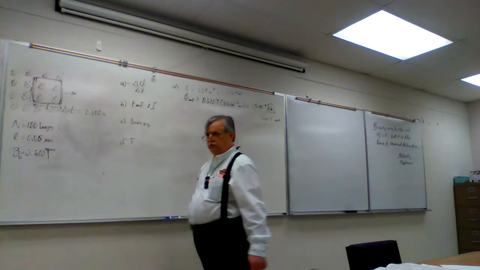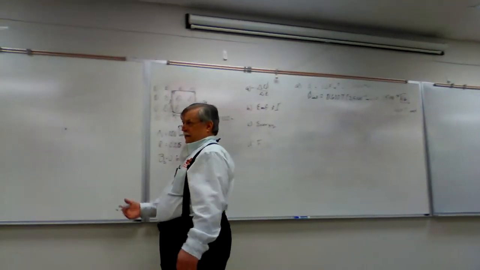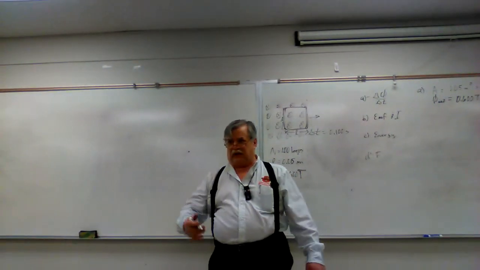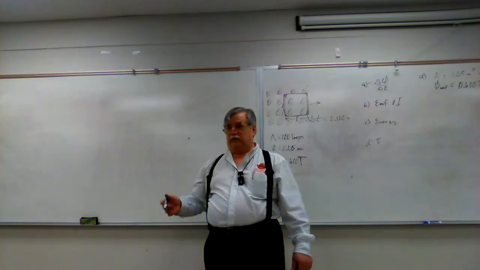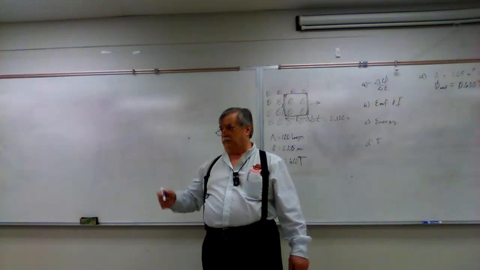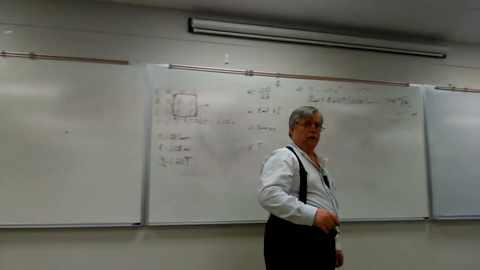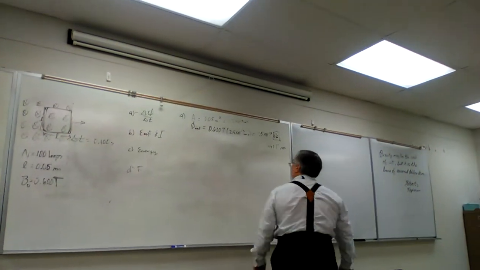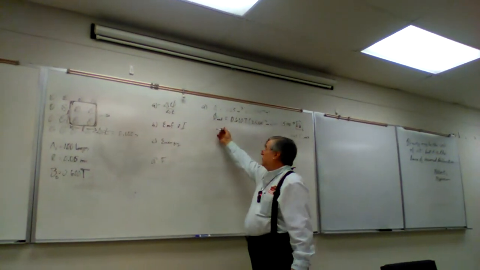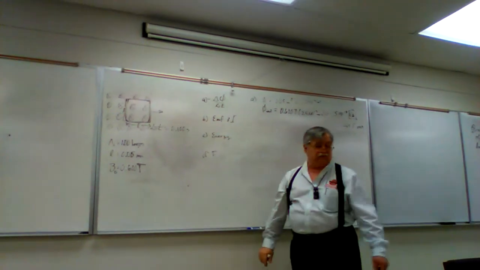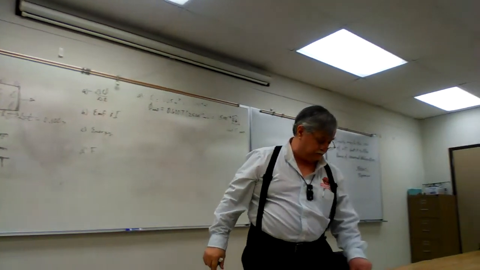And be careful not to make the mistake, just out of habit or because it sounds right, of saying Teslas per meter squared. It's not. It's Tesla square meters. So that's your initial flux. 1.5 times 10 to the minus 3.